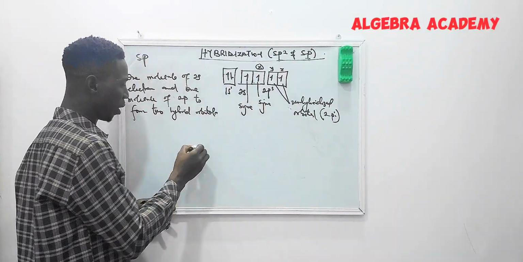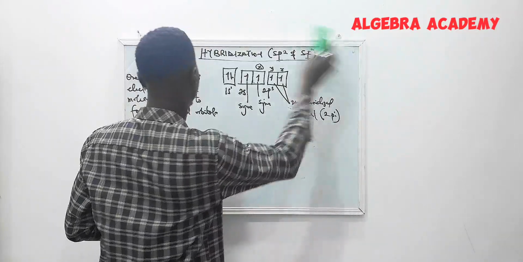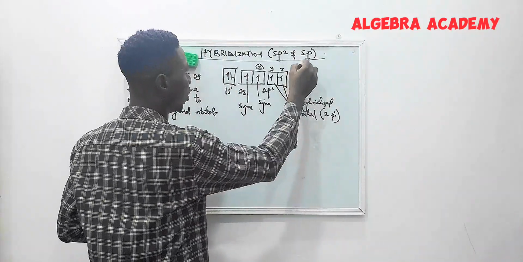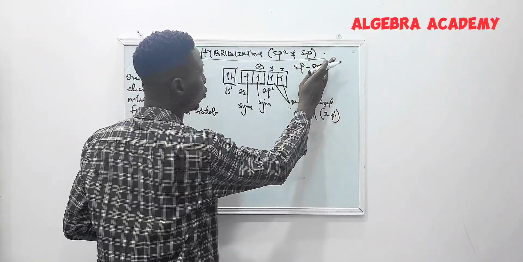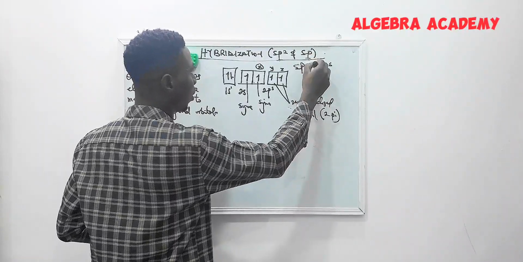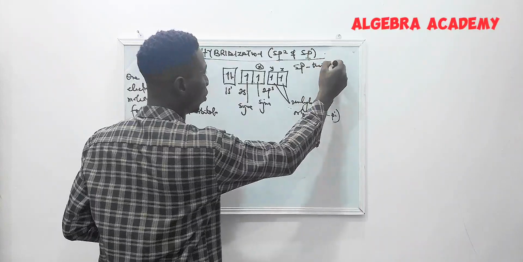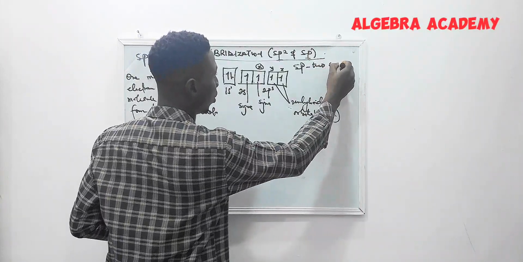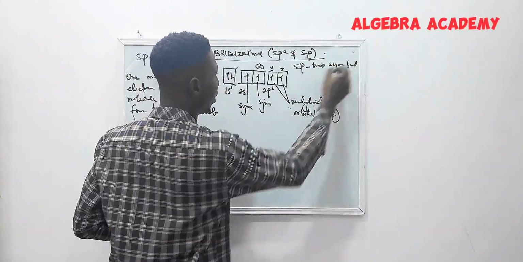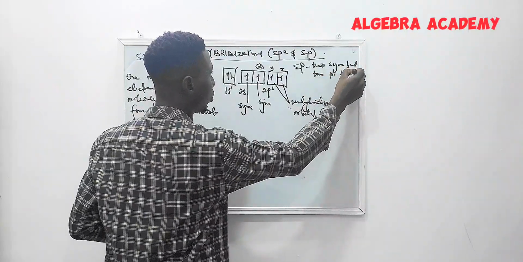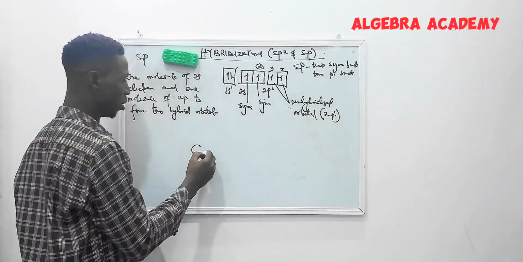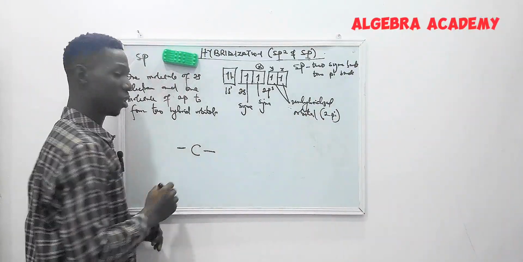That means, before I draw that, that's for sp, we'll have 2 sigma bonds and 2 pi bonds. So if you have your carbon like this, the first sigma, the second sigma.